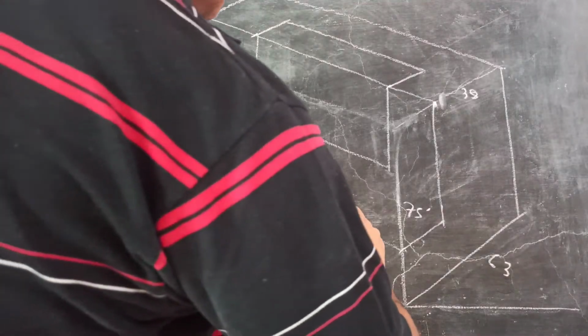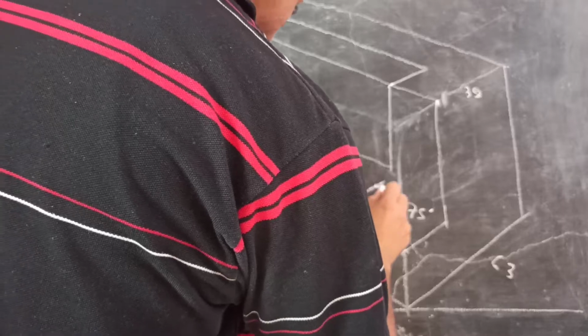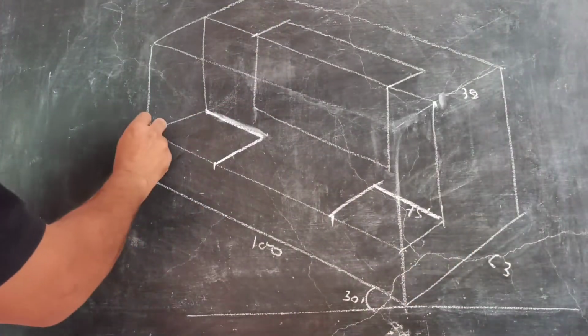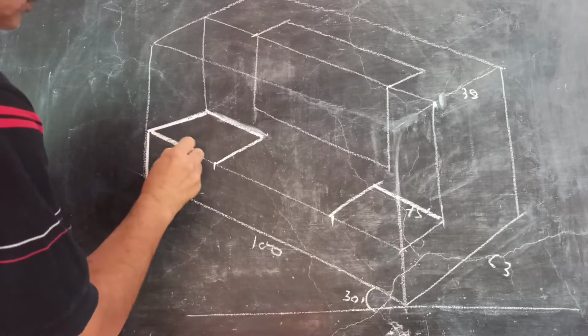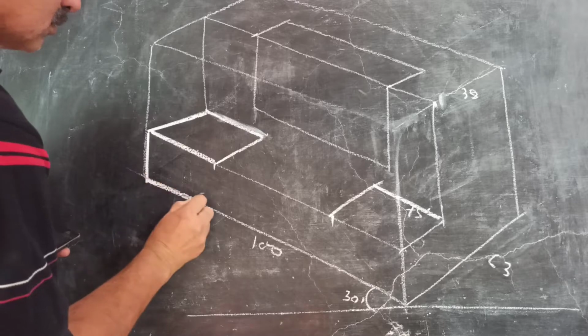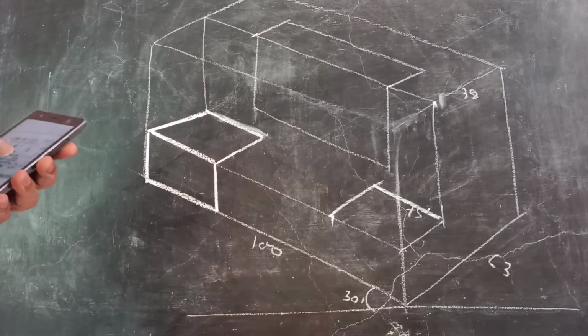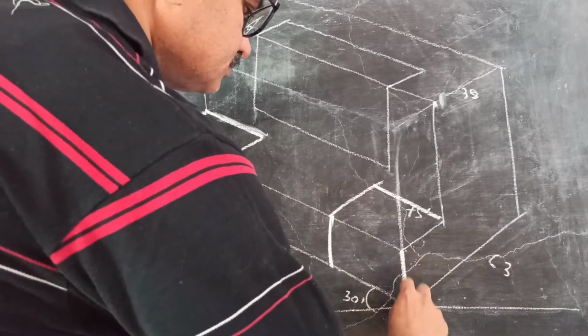Then this is 32. So you can see, you can make it dark, this one.